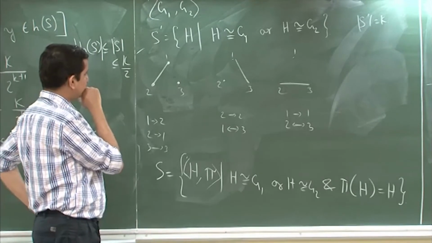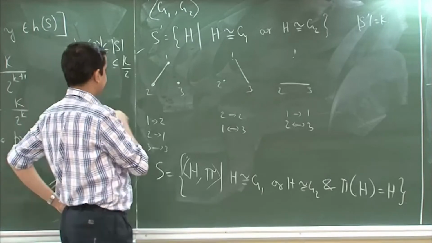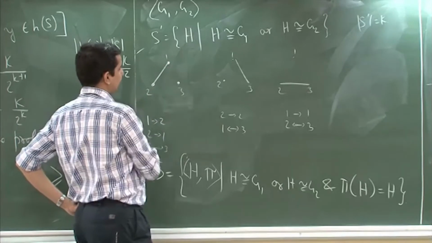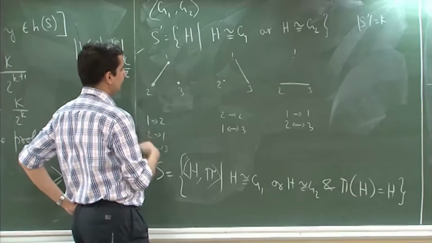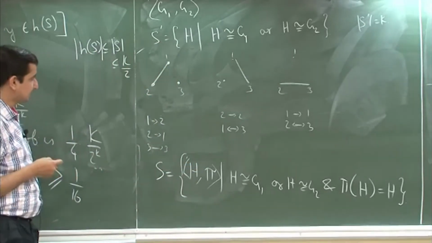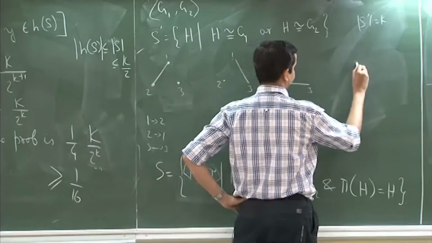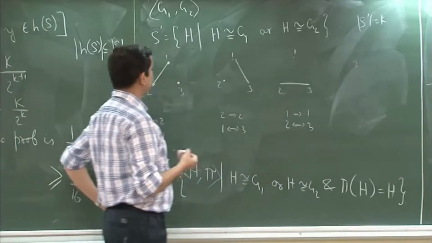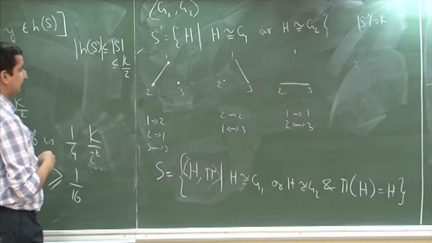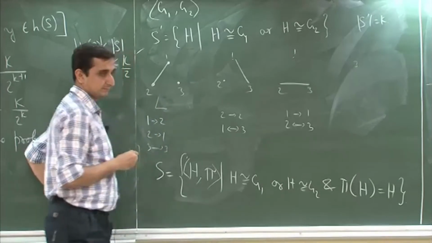Suppose G1 and G2 are indeed isomorphic, and let us say that this is my G1. The set of H that is isomorphic to either G1 or G2 is basically just these three graphs. So this set has size 3. Now, suppose G1 and G2 are not isomorphic. Let us say that G1 is this graph and G2 is this graph.